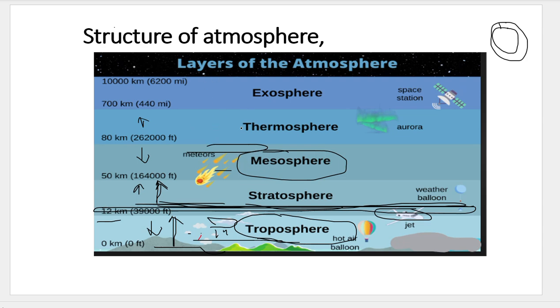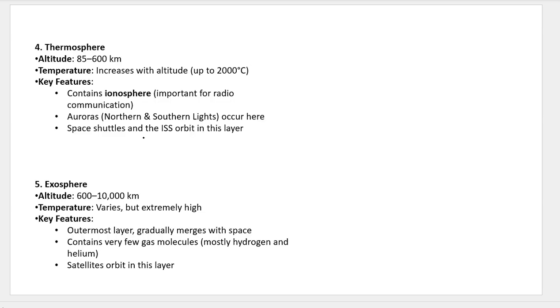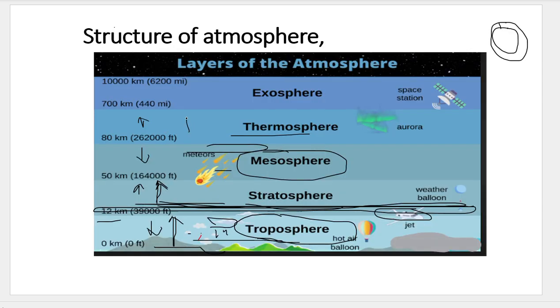Then comes the thermosphere. Its altitude is 85 to 600 kilometers. The temperature increases with altitude in this layer. As you go up, temperature will increase here.